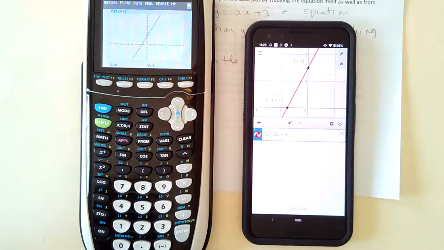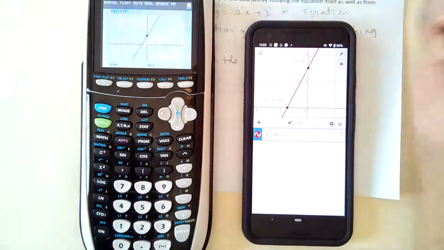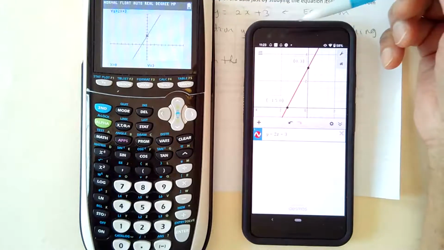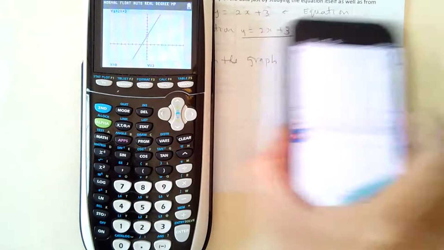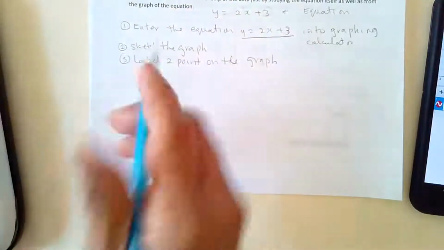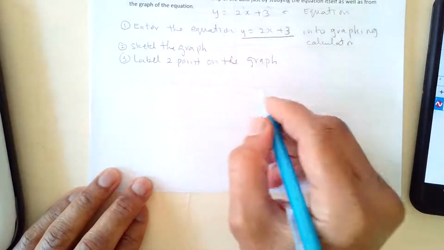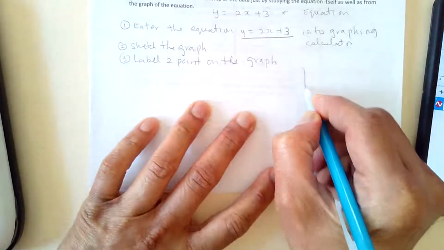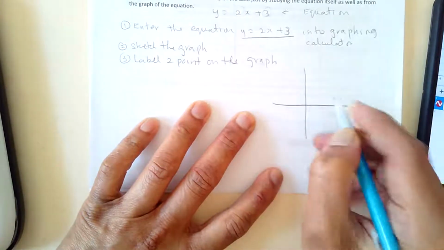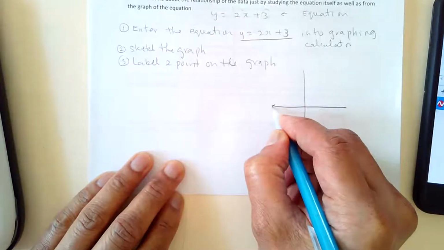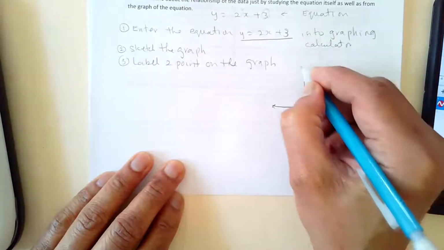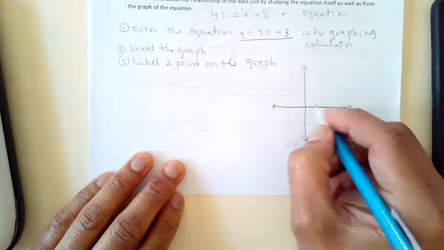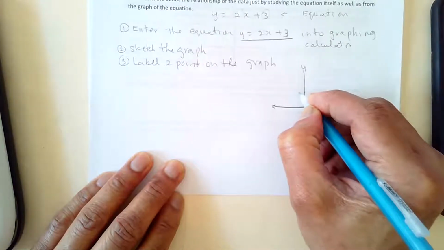Okay. So there, using the calculator, we enter that into our calculator, we find our slope. Now, what is my x-intercept? Right. So now we found our y-intercept. So let's write that down. So first of all, we're going to sketch the graph. We're going to sketch it here. So this point here is 3.